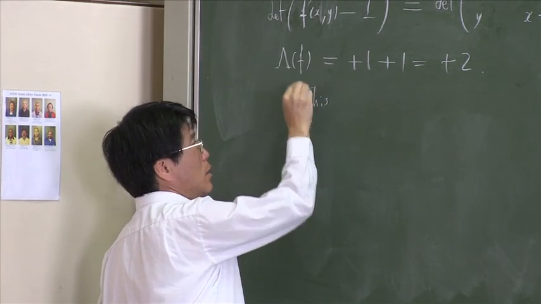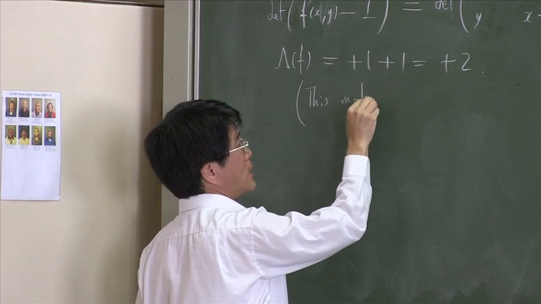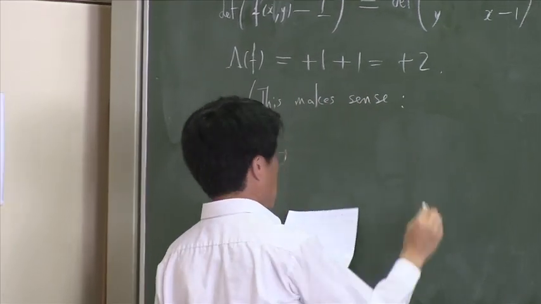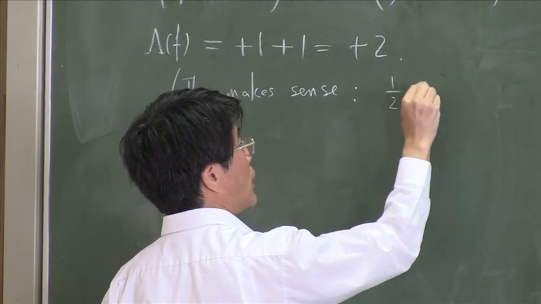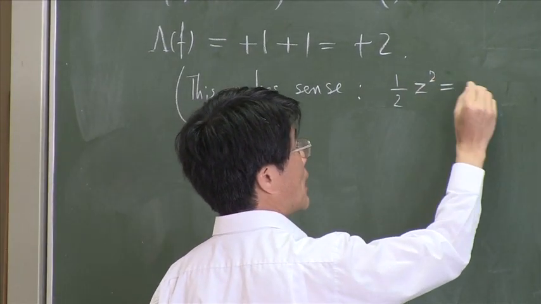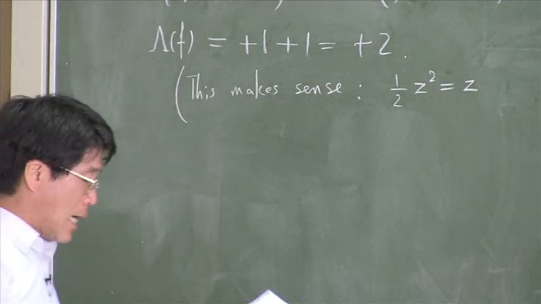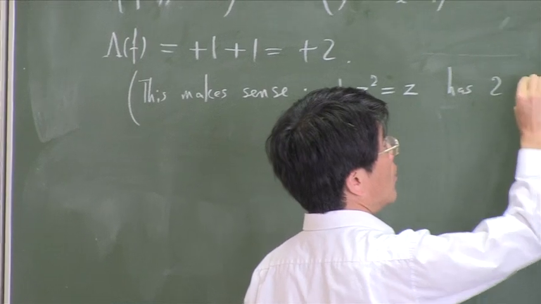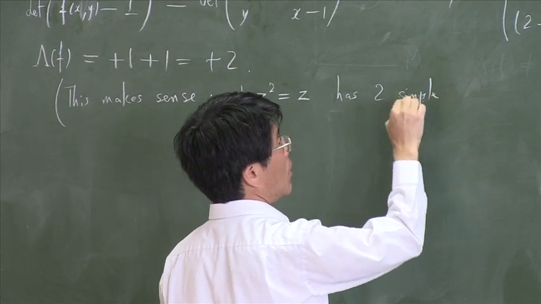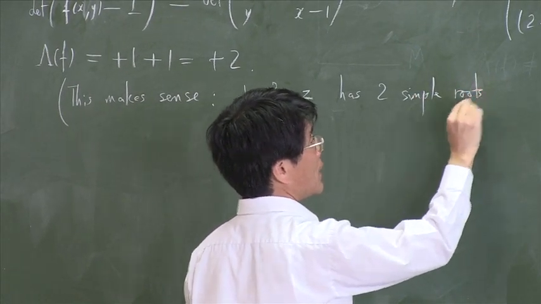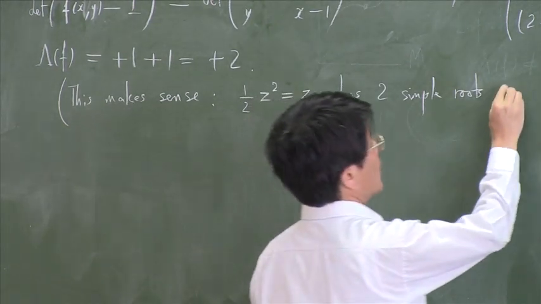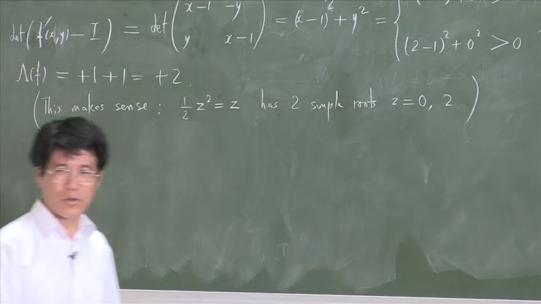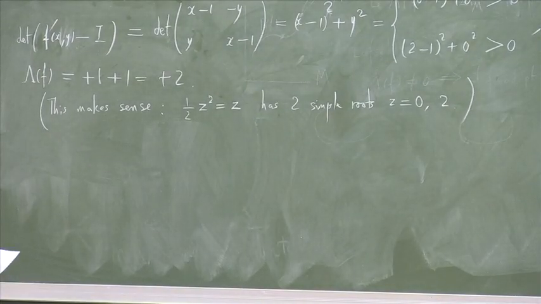You should recall that this makes sense because the equation you're really solving is half of z squared equals z, and it has 2 simple roots. Be complex, they're both positive, z equals 0 and 2. That's really what's going on. Okay.